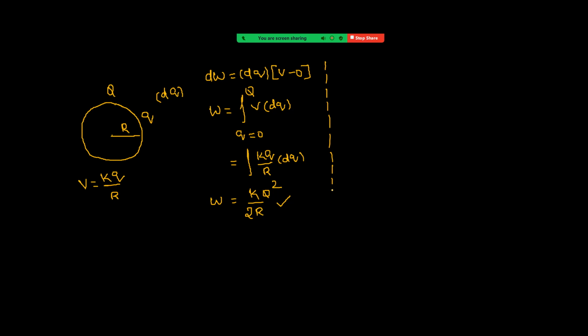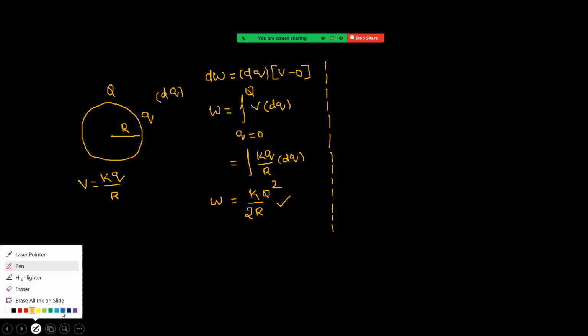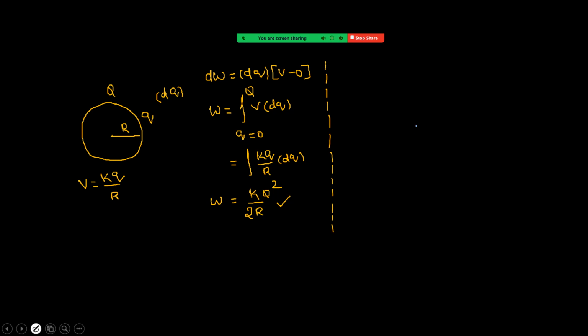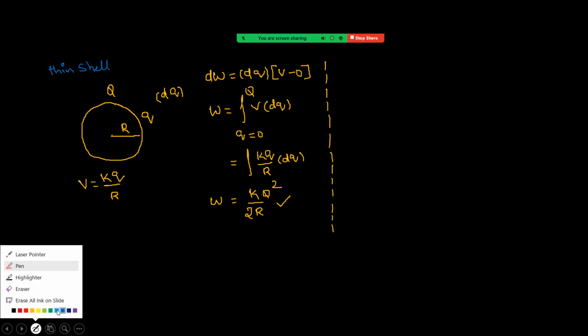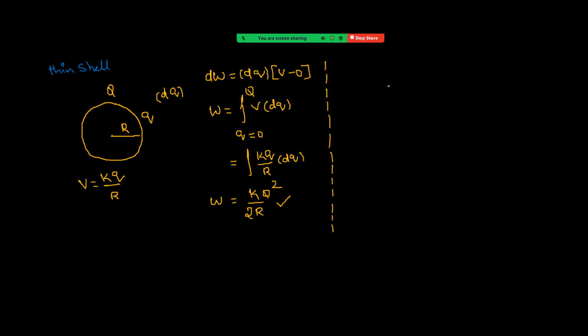But now we are taking a solid sphere and charges in the entire volume. Now we discuss a solid sphere where the distribution of charges is in the entire volume.